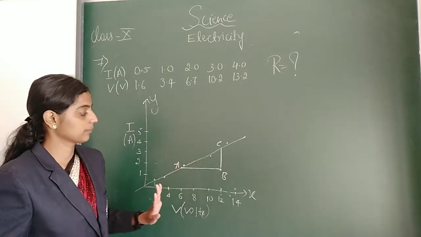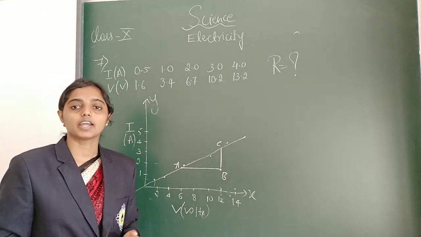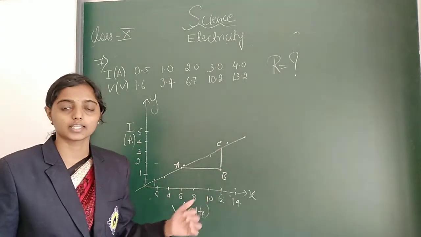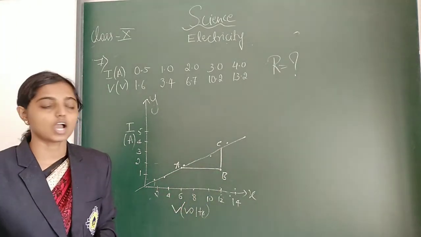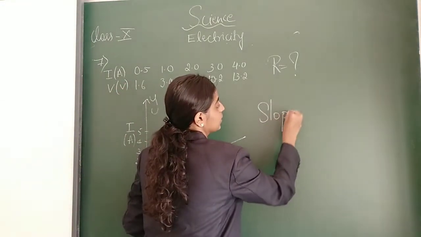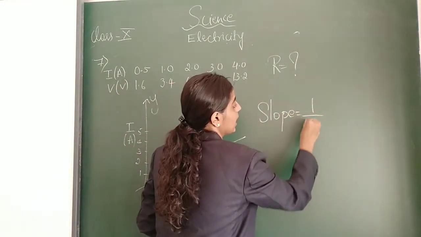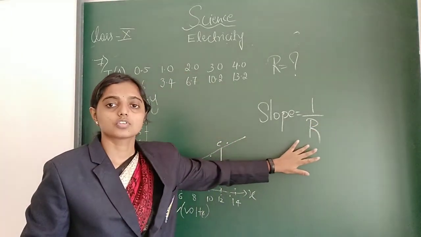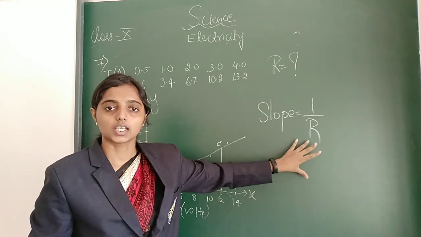So ABC. Now we know that slope is equal to BC by AC. But here since we need to find R, let me tell you, slope is equal to 1 by R. Now you may be confused about how we got 1 by R, right?